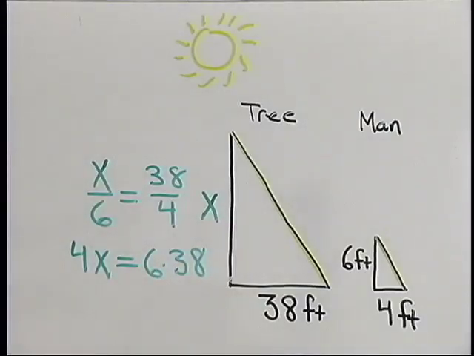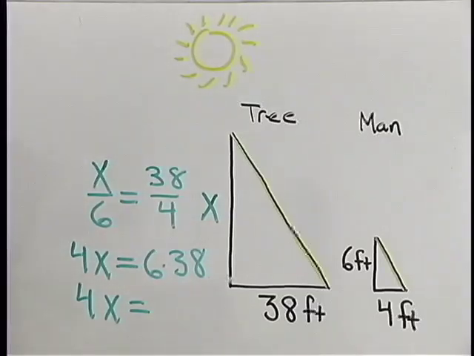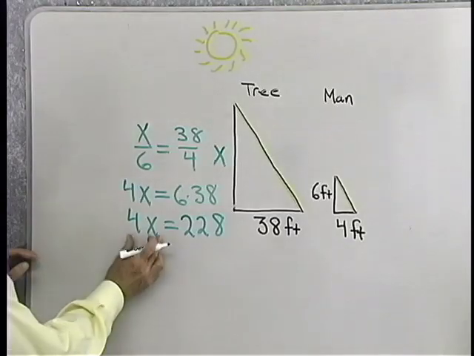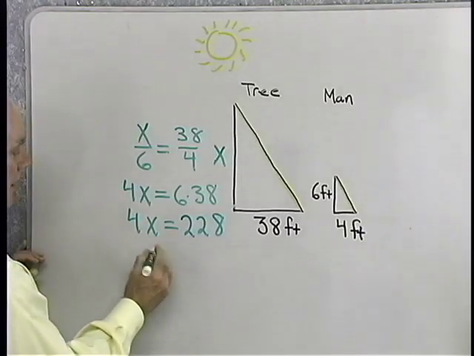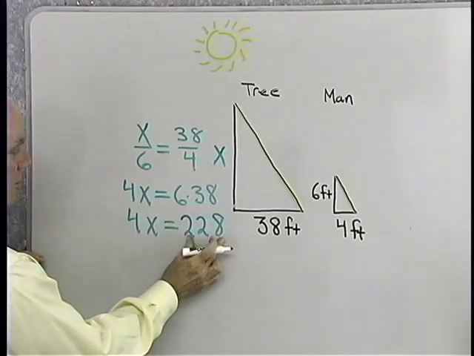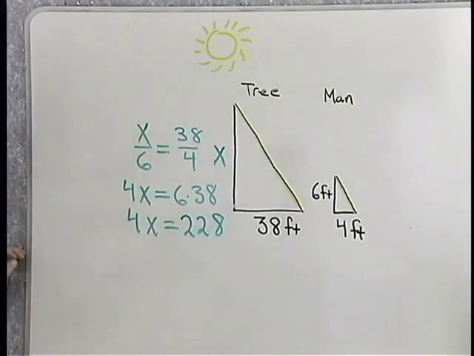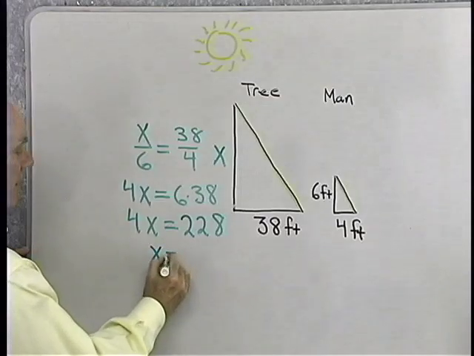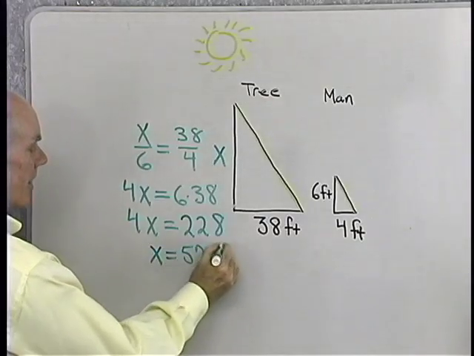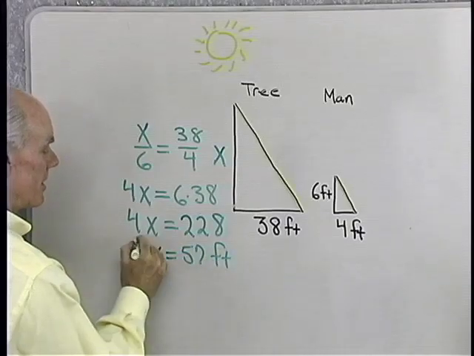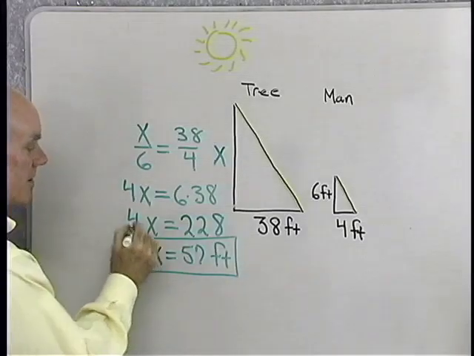Now I'll work that out on a calculator. That means that 4x must be equal to, what do I get here? 228. I divide both sides of this equation by 4 to end up with, let's see, 228 divided by 4 on the calculator is 57, and I'm going to put my units in here, feet. x is equal to 57 feet.